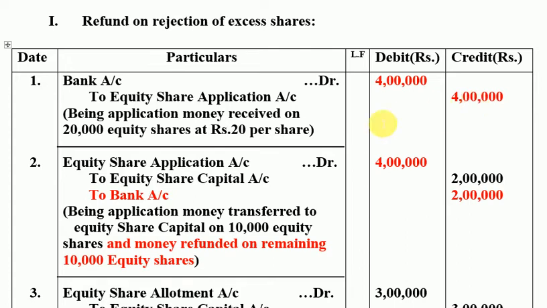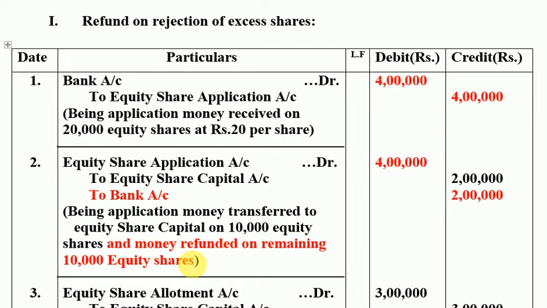The second entry will be equity share application account debit 4 lakh, to equity share capital account 2 lakh, to bank account 2 lakh, being application money transferred to equity share capital on 10,000 equity shares and money refunded on remaining 10,000 equity shares. Children, this is the change.